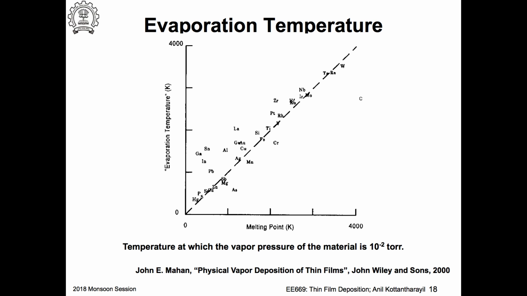and similar materials. It's very easy to deposit aluminum, which will be somewhere here, and silver, gold will be somewhere here, 4,000. So gold is here, copper, and so on. Chromium.